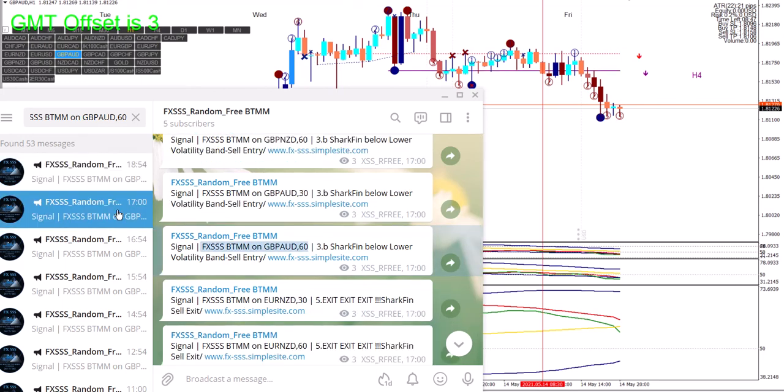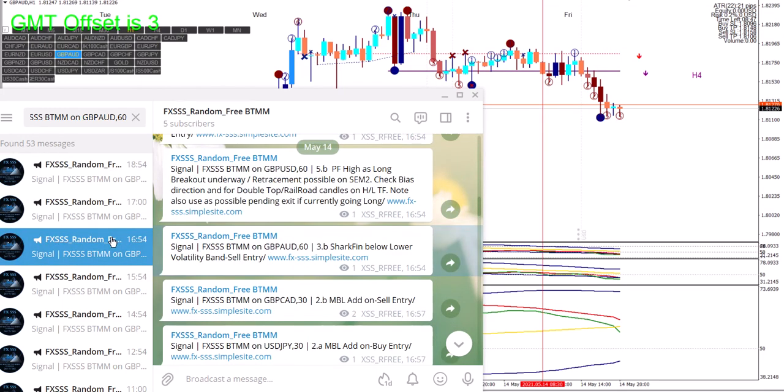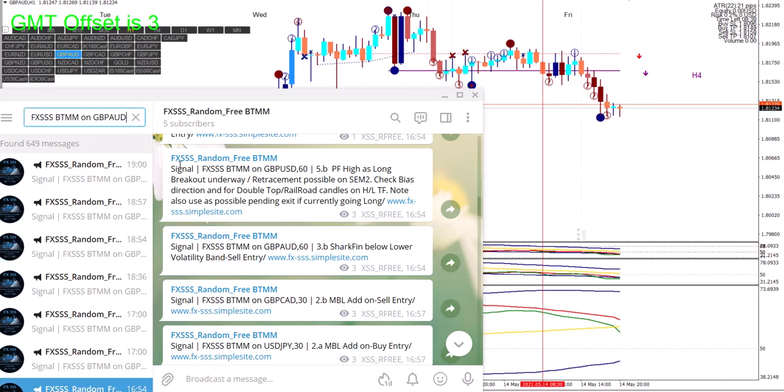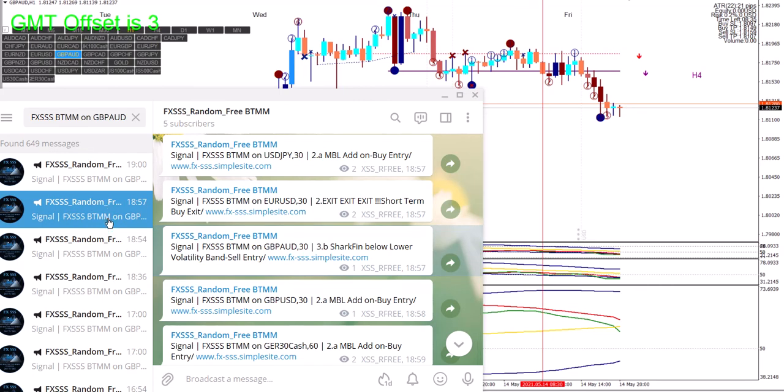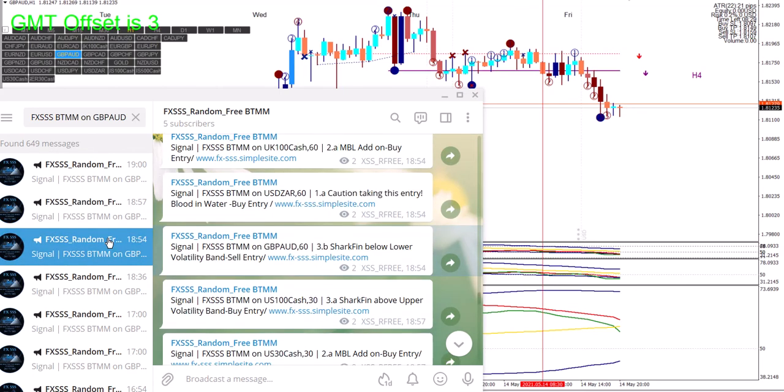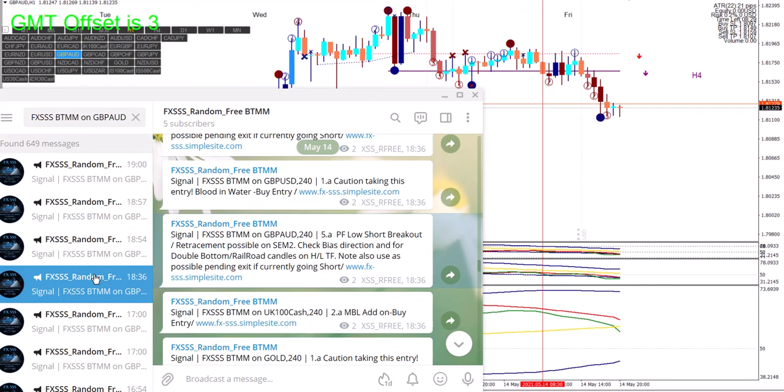No, because I'm looking at GPU at 60. My apologies. 60. There's a peak formation low. All right, 240. Let's check that.